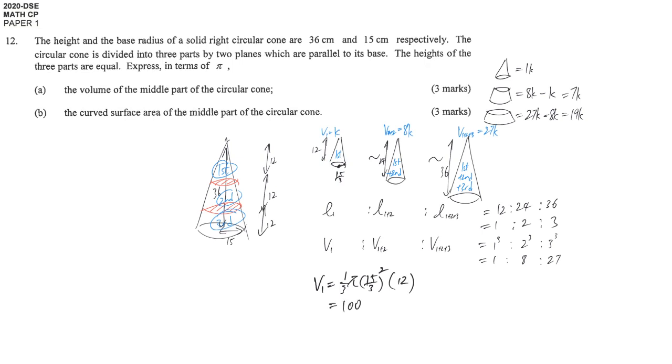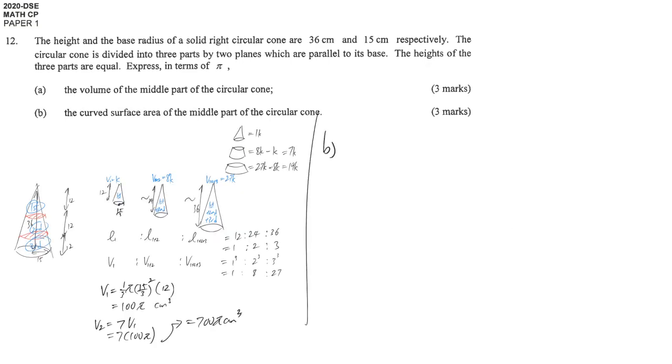We get 100 pi cm cubed. Therefore, since we know the second part is 7K, V2 is equal to 7 times V1, which is 7 times 100 pi, equal to 700 pi cm cubed.